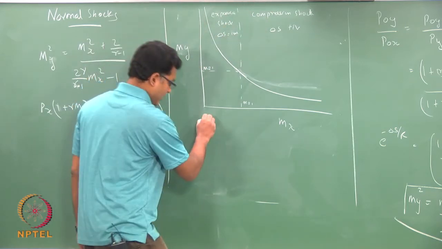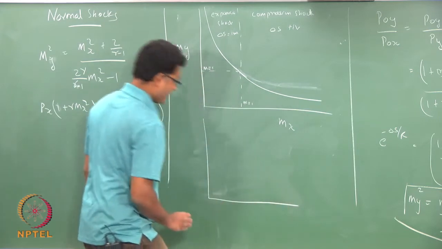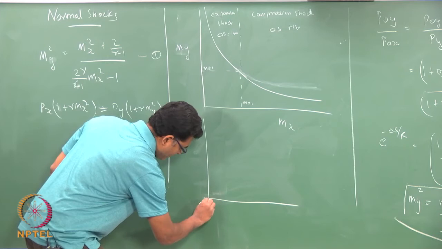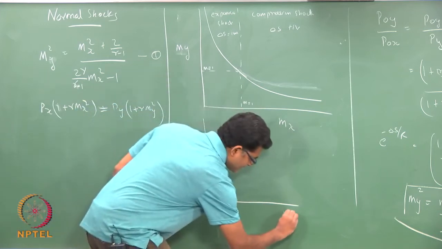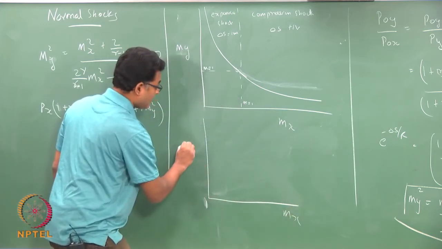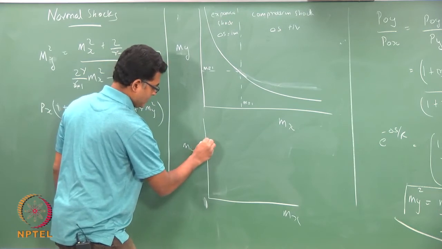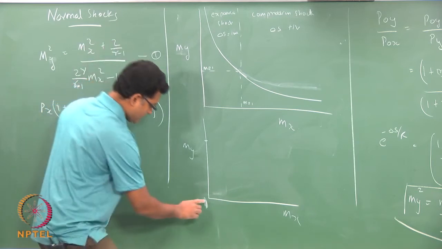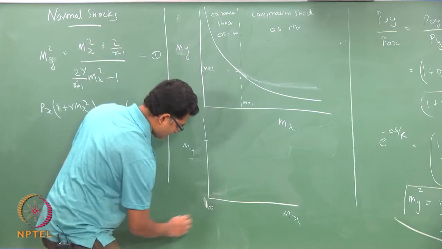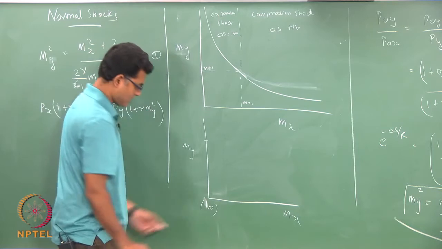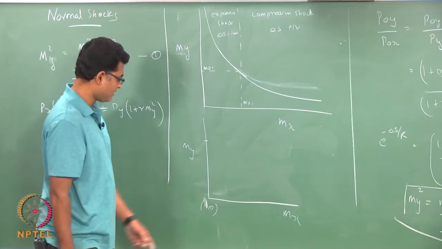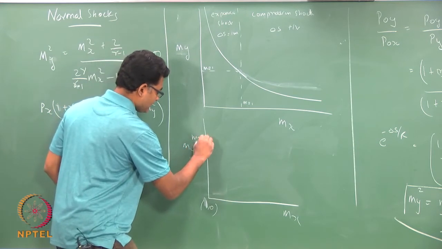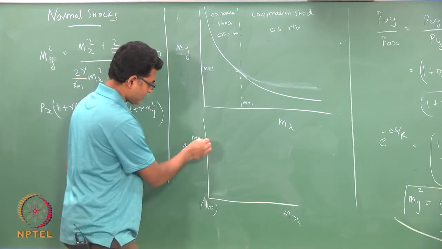So, if I redraw that curve, if I start my coordinates from 1, I have Mx, My. So, I start my x axis from 1. So, my M equals 1 here and M equals 1 here.